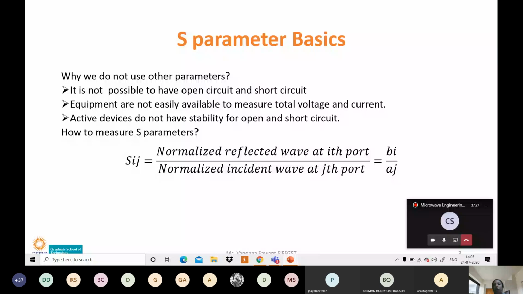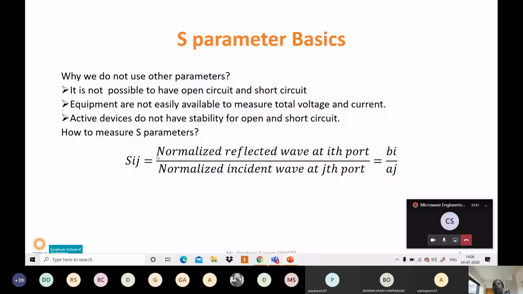In short, the S parameter is the ratio of the normalized reflected wave divided by the normalized incident wave.